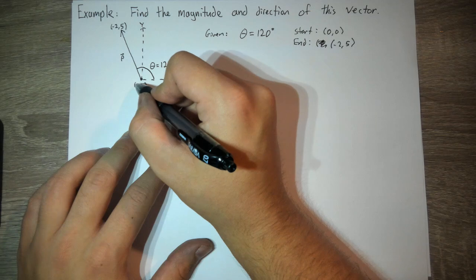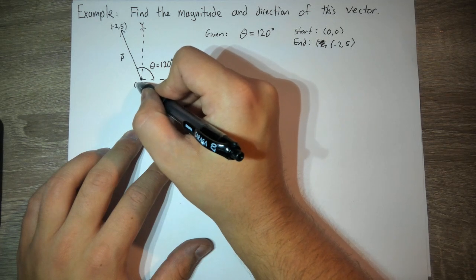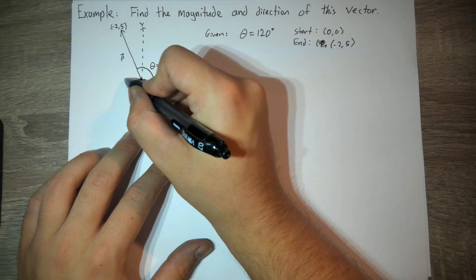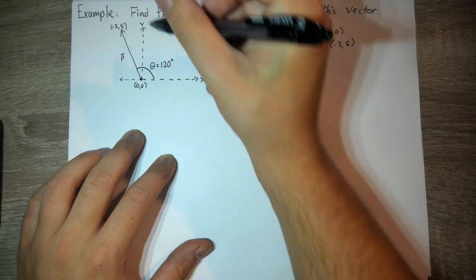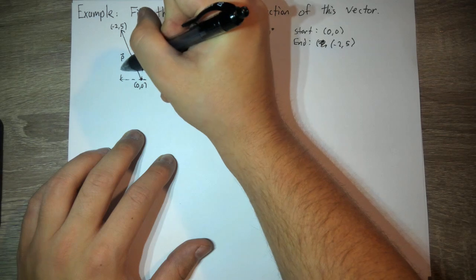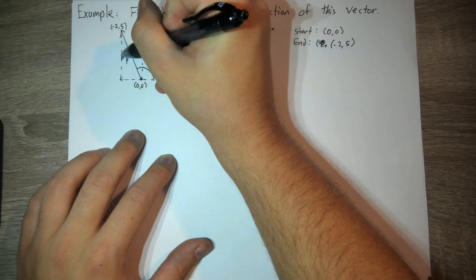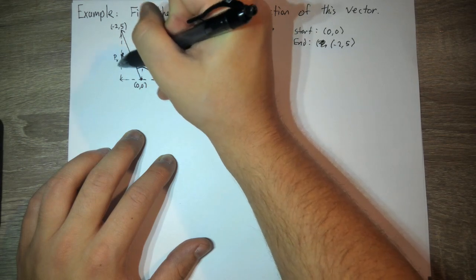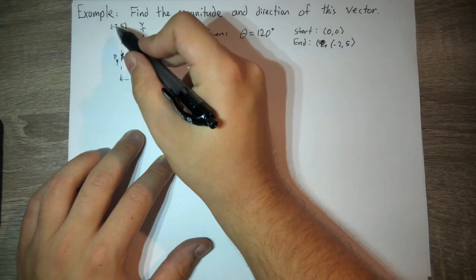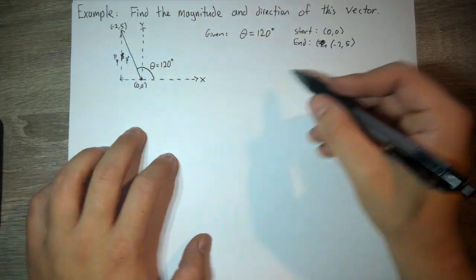So px is just the length of the vector along the x-axis, and then the y component, py, is the value of the length along the y-axis.